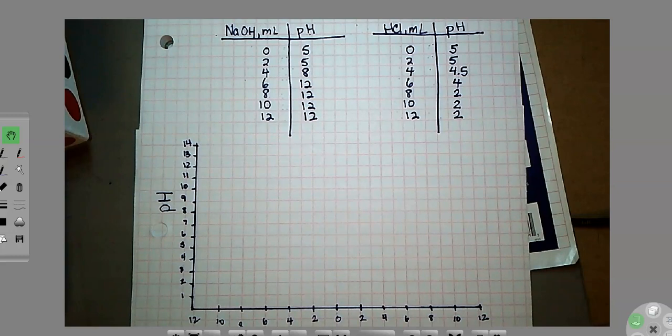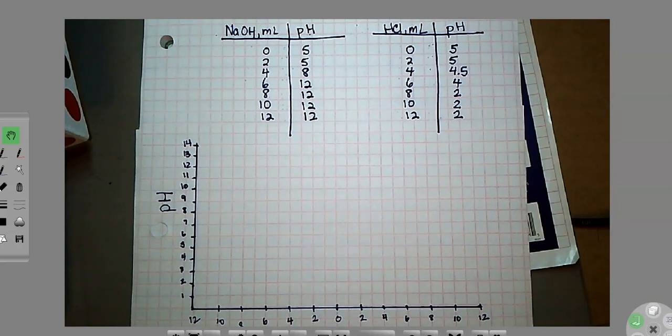Every single buffer also has a capacity, and this basically describes the strength of the buffer. We can have really weak buffers like our blood buffering system to very strong buffers, like I mentioned before, contact solution, and also Alka-Seltzer, Maalox, those types of things that we have around the house.